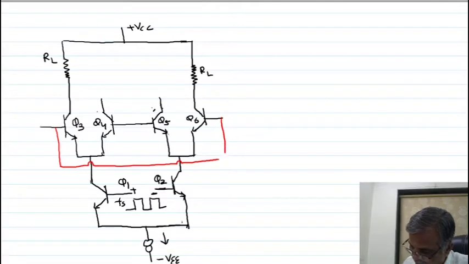See, both bases of the transistors are joined.